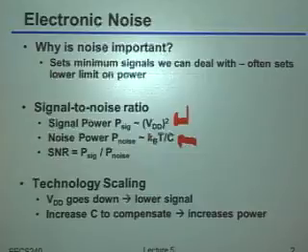Boltzmann's constant, well, if you figure out how to change that, let me know. You're going to have some Nobel Prizes, and I want some of the prize money. Temperature, maybe you could do something, but generally you can only move it the wrong way, because unless you have a cooler on your chip, you can only heat things up, and that makes things worse. So the only thing you can really control is the capacitance. That means if you want lower noise, you have to increase your capacitance.